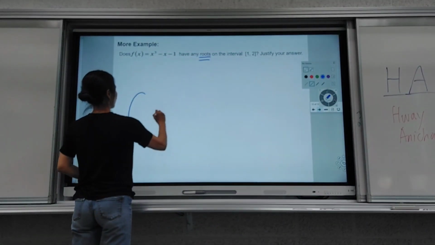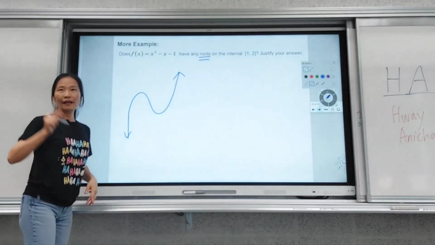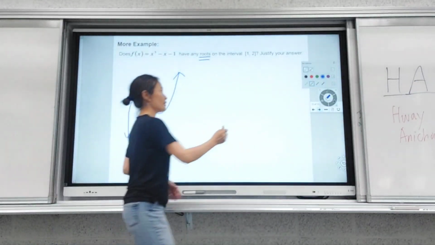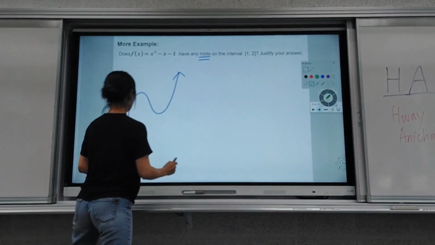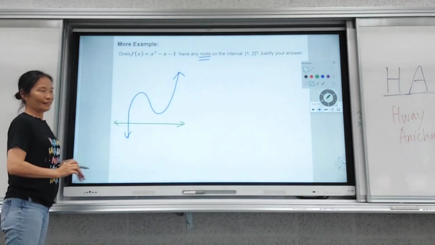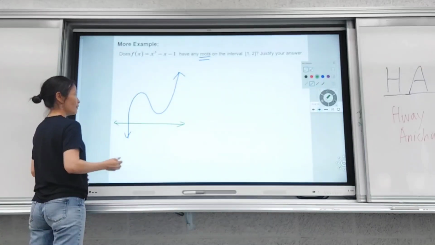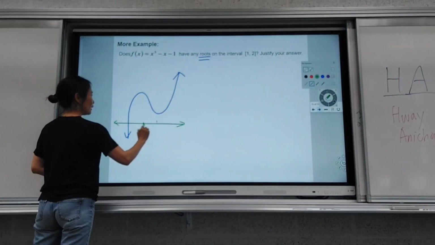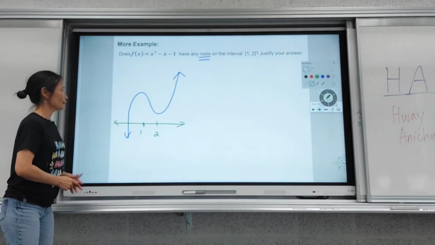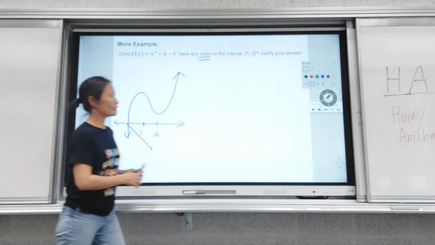We know the cubic function, right? It depends on where your function is. If my 1 to 2 is here, is the 0 within 1 to 2? No, it's not.